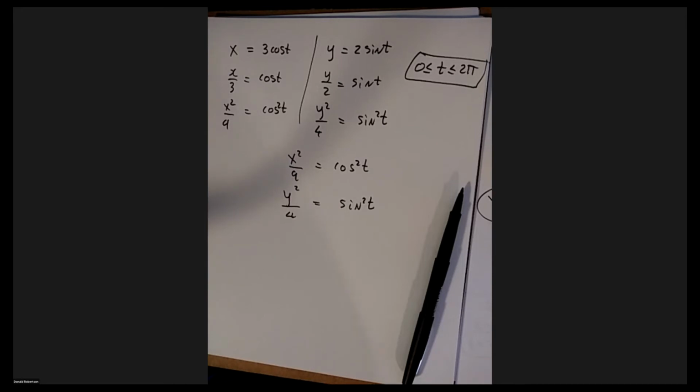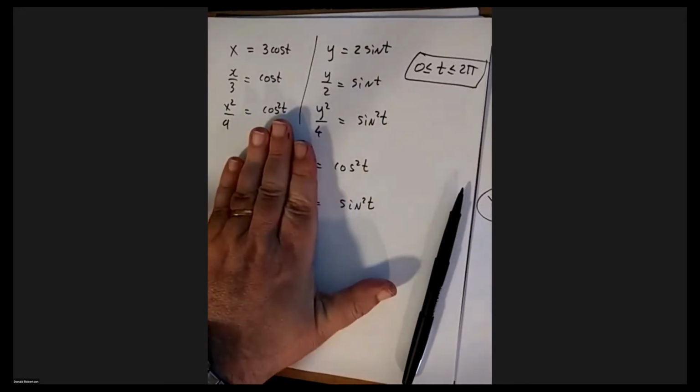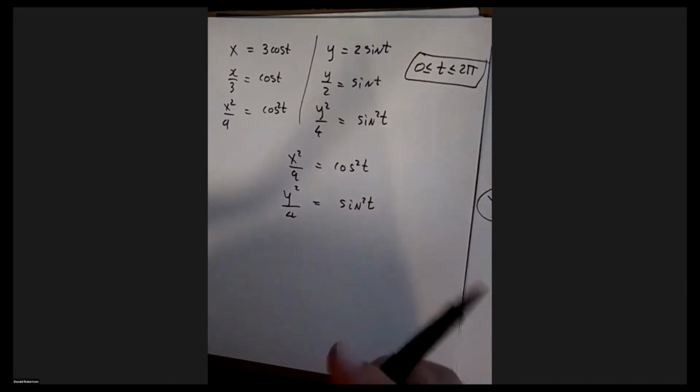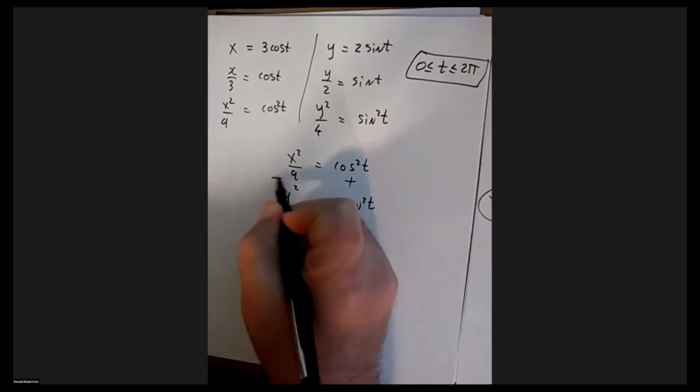Is there anything you can see that would make those two guys combine in such a way that they would actually disappear as far as t's go? You're saying it, but I can't hear it. Add. You add. Now you might say, wait a minute. I'm sticking to my rule.